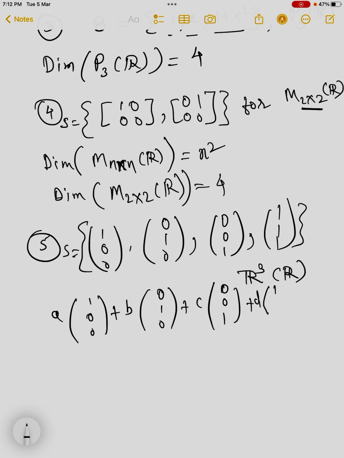and when we solve it, we get three equations in four variables. So we will have infinite solutions for A, B, C, D, and we will get non-zero values of A, B, C, D also.